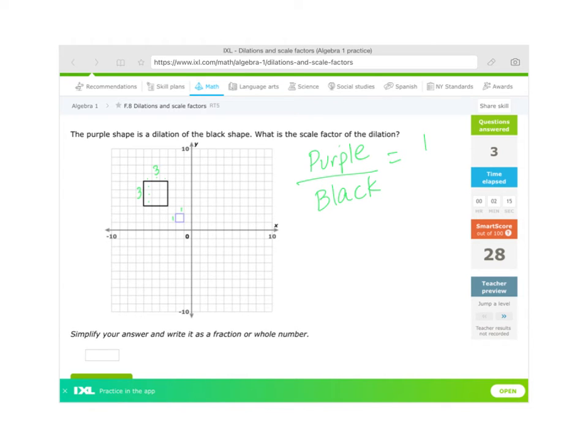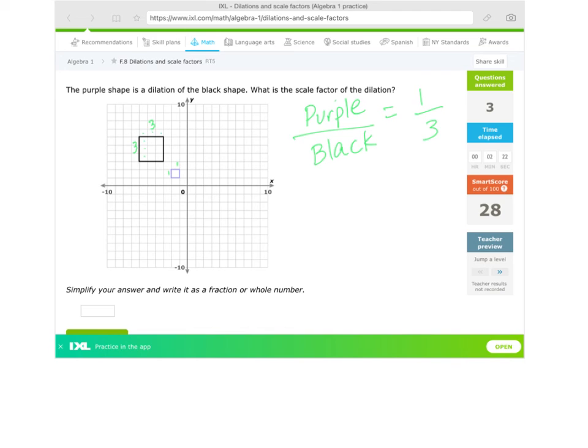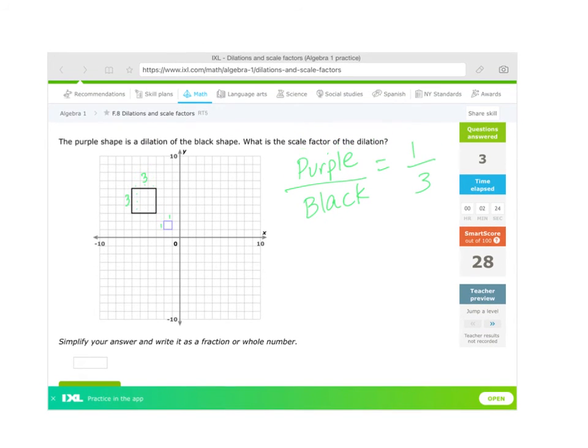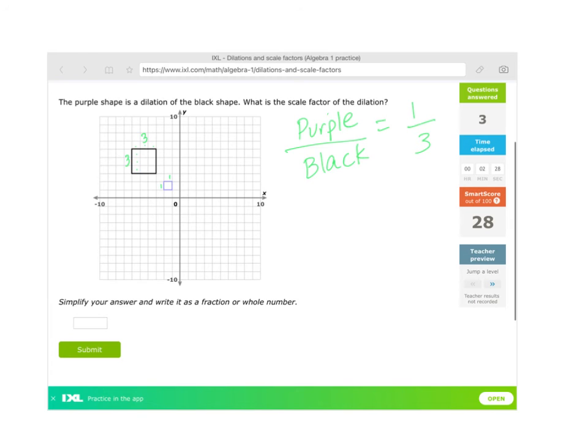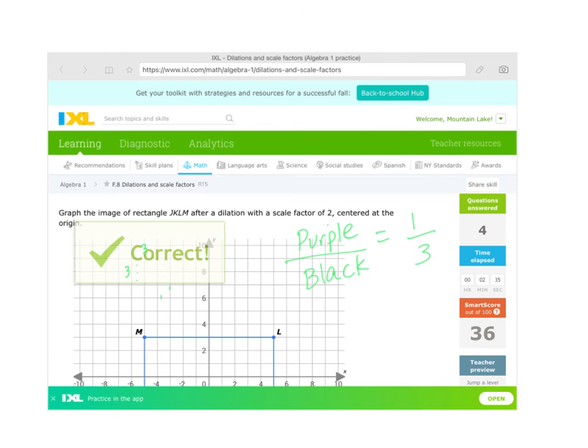So the purple is 1, the black is 3. So we want the shape at the end as our image. So let's put in our answer as a fraction, 1/3, and hit submit, and that's how we get a correct answer. Let's try this one.